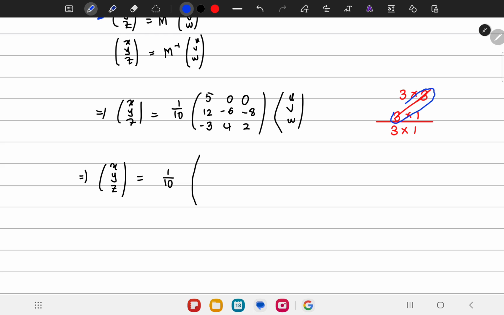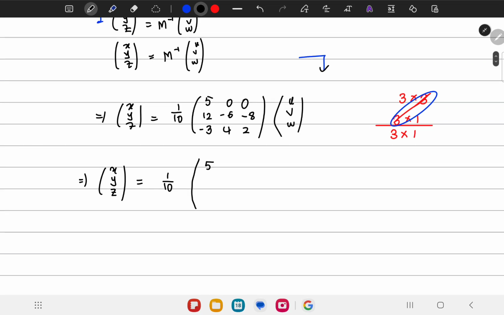These two values need to be the same: the column number of the first and the row number of the second, because we multiply in this way. So we had 5 times u plus 0 times v plus 0 times w.